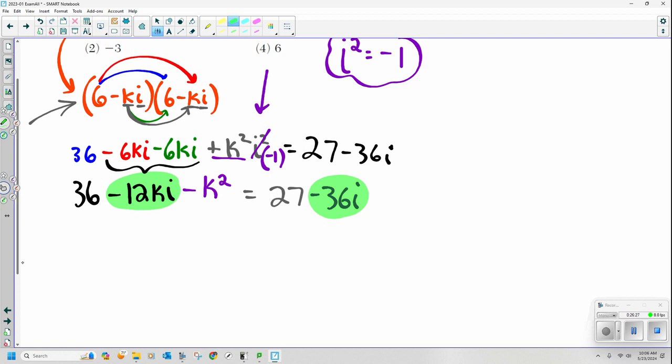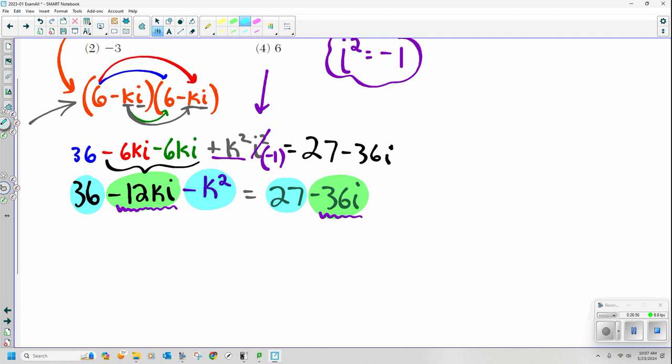If the left side is equal to the right side, that means this has to equal this. Or, if you want to do it the other way, there's one term of positive 27 that doesn't have an i. That's on the right side. On the left side, when I combine my terms without an i, I've got 36 minus k squared.